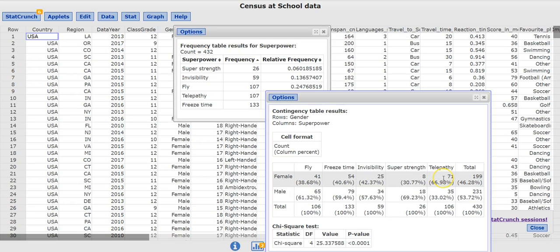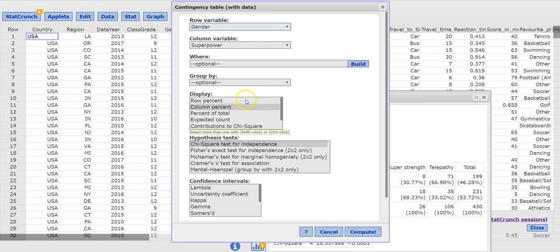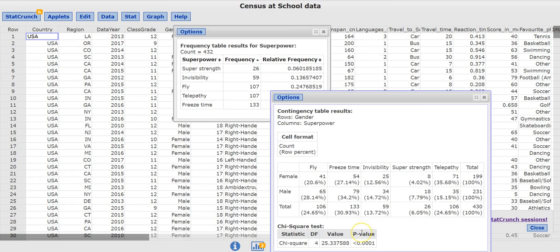Notice here we say 66% of those who chose telepathy as their favorite were female and 33% were males. So this tells us a little bit different information. If you're wanting to compare females to males, it's better to do row percentages rather than column percentages. So I'm going to go back to that. But that's how you make tables on Statcrunch.